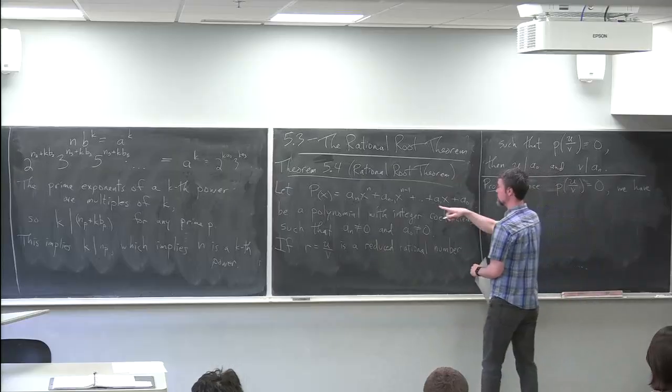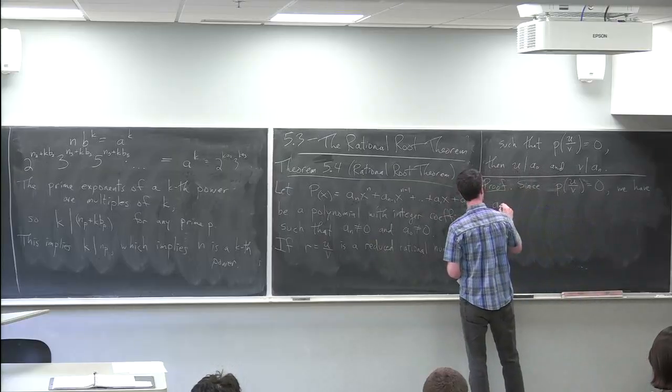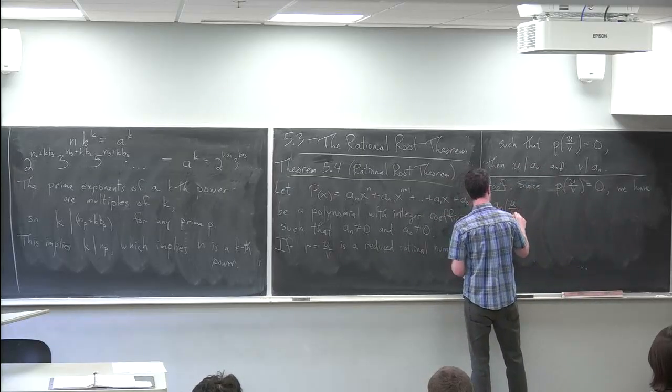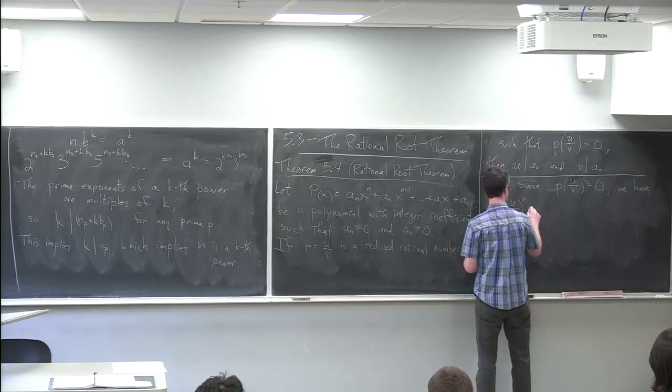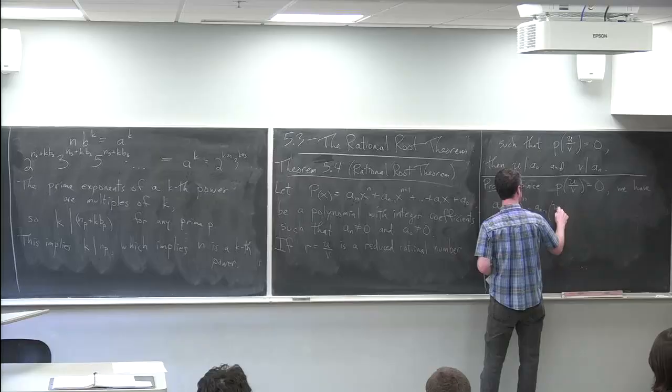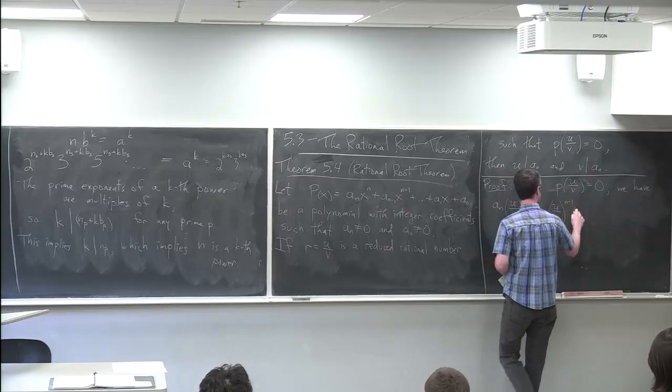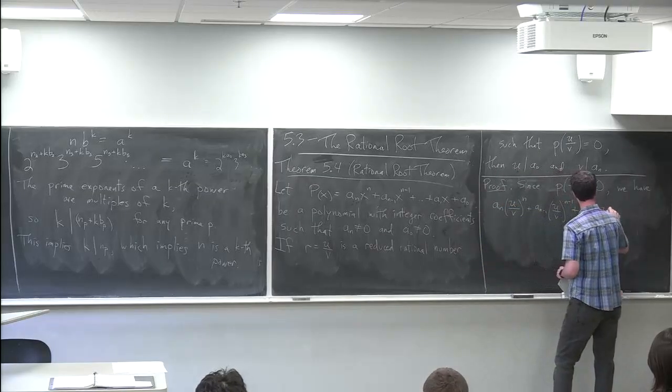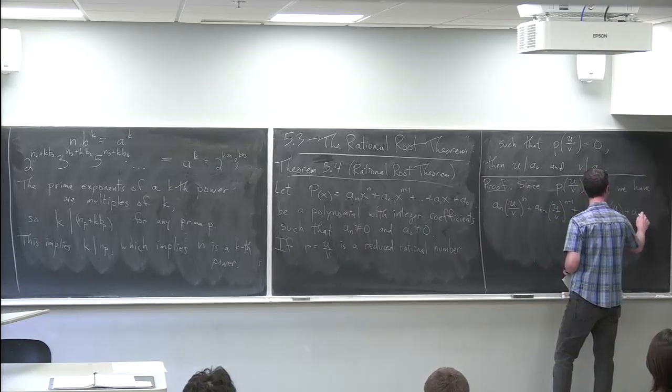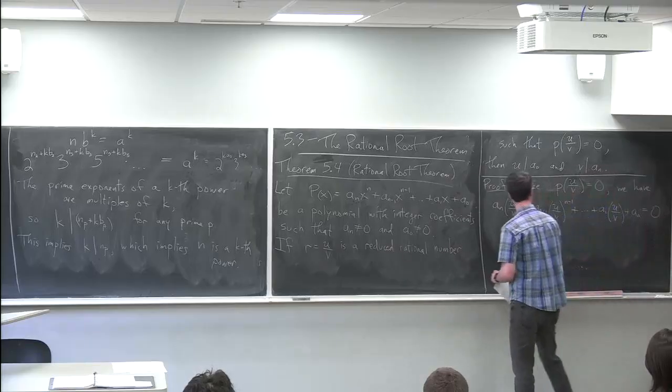Let me plug that in for x. We have a sub n u over v to the n, plus a n minus 1 u over v to the n minus 1, etc., down to a1 u over v plus a naught. So that equals 0.